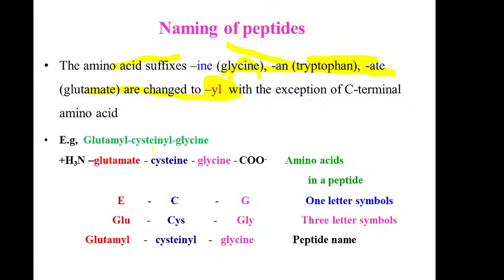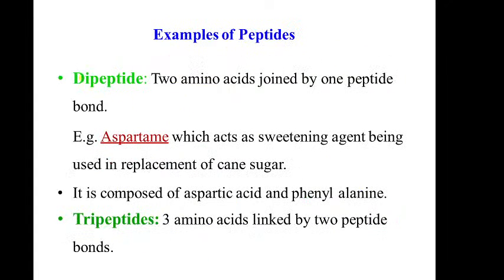Glutamate will change into glutamyl. Similarly, cysteine will change into cysteinyl. Glycine will remain glycine at the C-terminus. So this is how we are able to name the peptides.